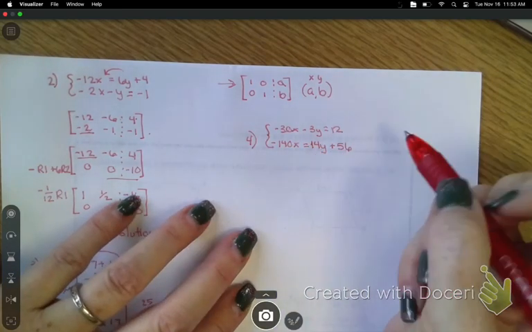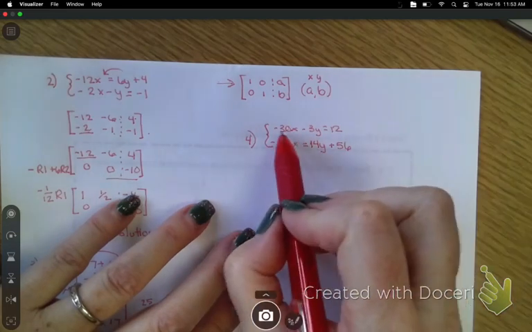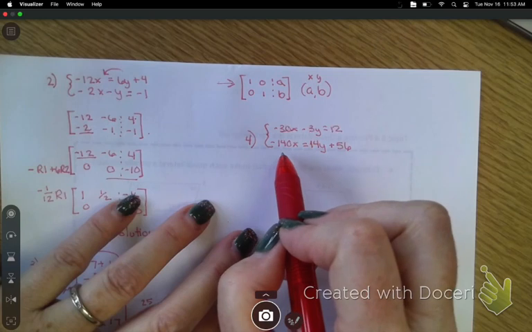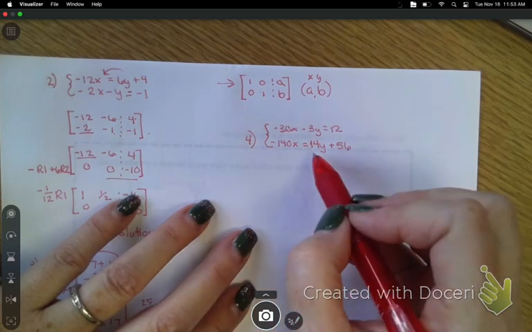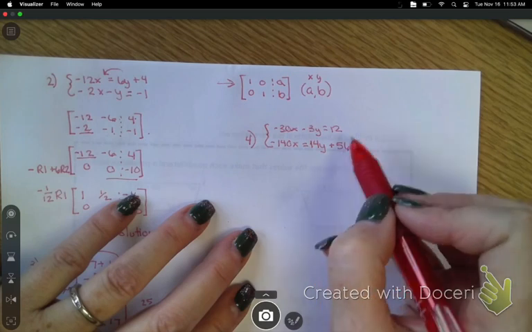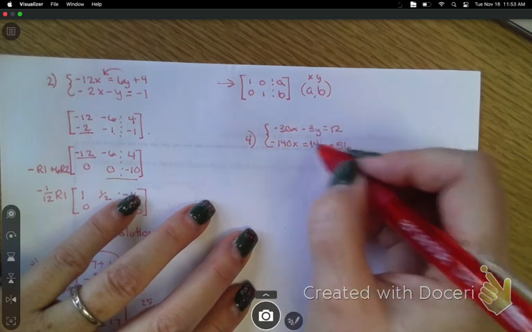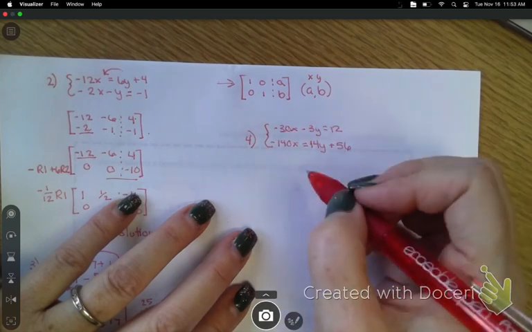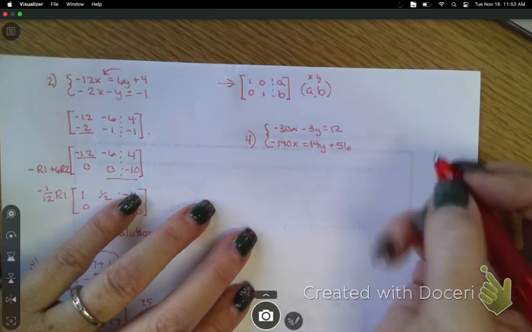Now, I see right away that row 1 could be all divided by 3 or times 1/3. And I know 14 goes into 140. Does 14 go into 56? So I do some math, and it does, 4 times. So where I can reduce both, and I don't want to deal with 140, this might be a good opportunity.